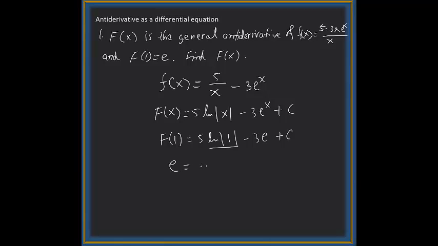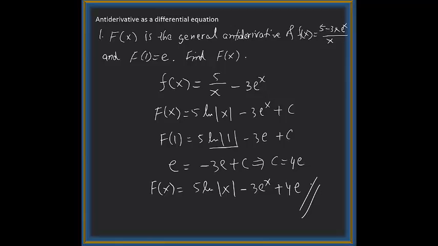So we have negative 3e plus c, that gives me c equals e plus 3e, which is 4e. So then we got our function uppercase F of x, which is 5 natural log of absolute value of x minus 3 e to the x plus 4e, which is the value of c. And we are done for this problem.